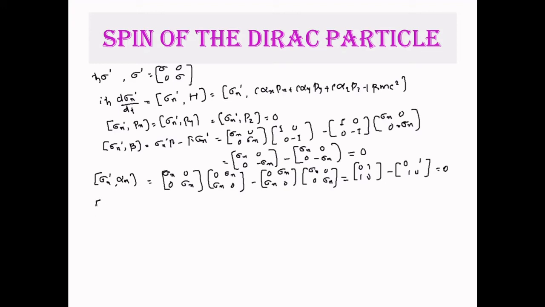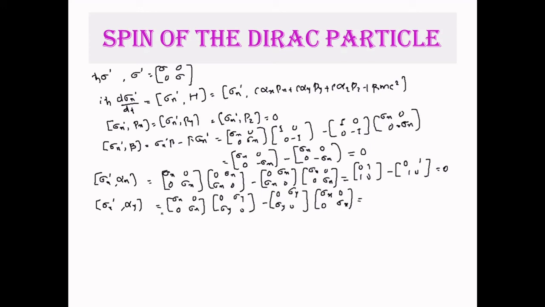Now we can calculate the commutator of sigma_x dash with alpha_y. The value of the matrix alpha_y is (0 sigma_y; sigma_y 0). So when you calculate the first product, there will be terms sigma_x sigma_y, its value is i sigma_z. When calculating the second product, there will be terms like sigma_y sigma_x, its value is minus i sigma_z.